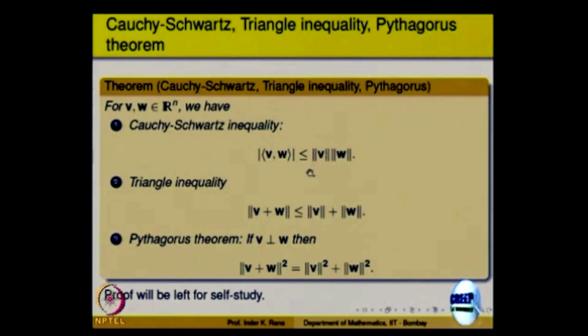Namely, the absolute value of the dot product of v and w is less than or equal to the product of the norms, because essentially the formula is norm v norm w cos theta, and the absolute value of cos is at most 1. The same relation is valid, but in Rn you first prove this and then define the angle. In R2 and R3 this is proved using cos theta, but in Rn we do not know how to define the angle.